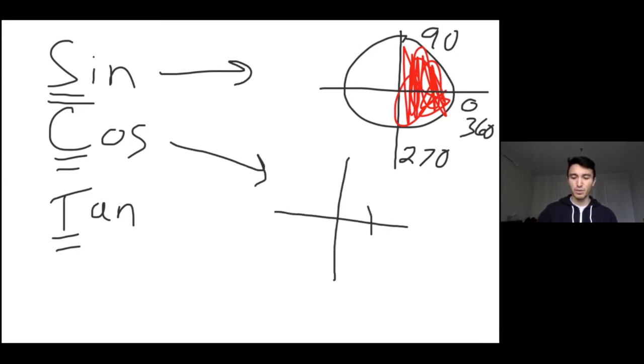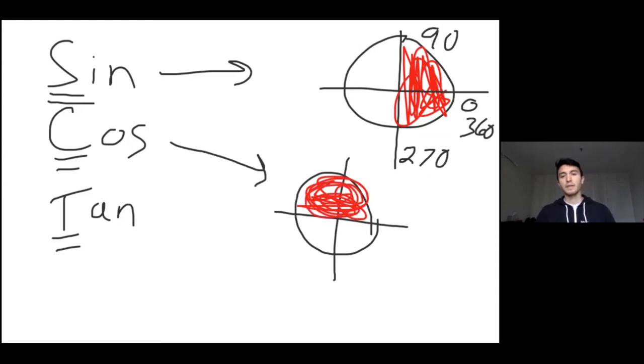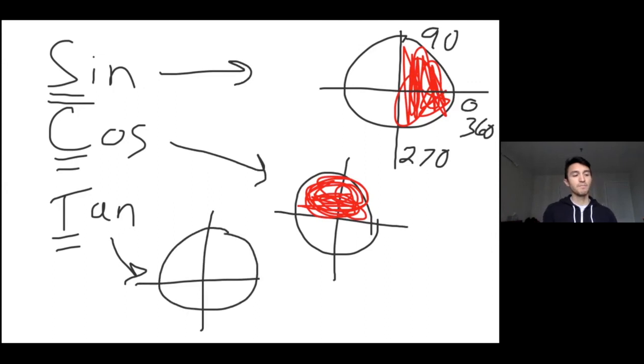So it only wants this top part of the unit circle right here. So that's 0 to 180, as you can see. So it's all going to be less than 180. And then for tangent, if you use a capital T, I think it's the same as the sine. So they only want angles just like the sine that are 0 to 90 or 270 to 360. So that's just something to get used to from the book.